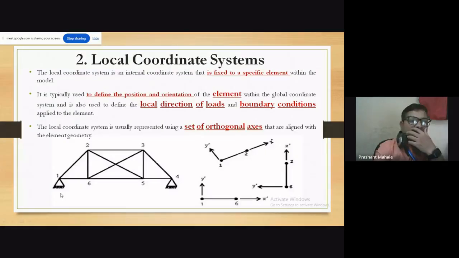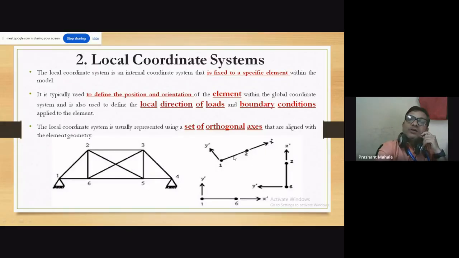Suppose this is one truss again, as we discussed previously. 1, 2, 2, 3, 3, 4, 4, 5, 5, 6, then 2, 5 also, then 3, 6 also, and 2, 6 also, 3, 5 also are the elements of the truss. Suppose I want to give the coordinates to the 1 2 element.